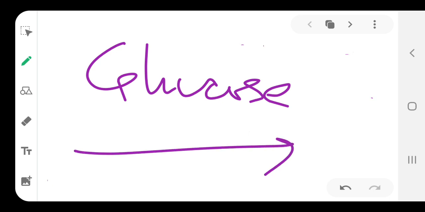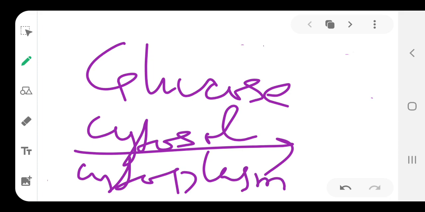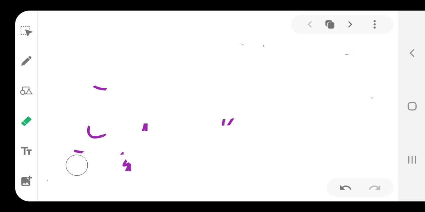Please check out your book, page number 102. Take it out so it will be easier for you. This glucose molecule in cytosol, the liquid component of cytoplasm, is acted upon and undergoes a process that should be known to you, because this process is quite important for this whole mechanism, called glycolysis.